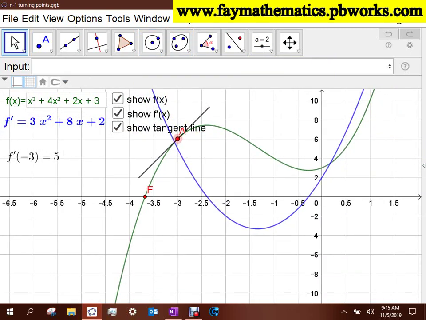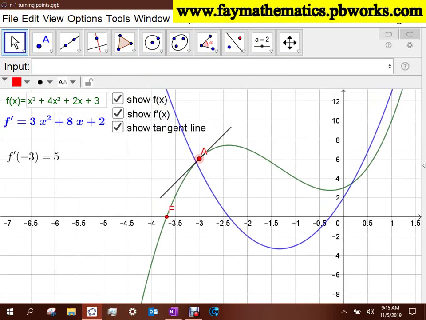All right. So if I evaluate this thing at negative 3, I get negative 3 squared is 9 times 3 is 27, right? Plus a negative 24. What's 27 minus 24? 3 plus 2 is that 5 right there, right?